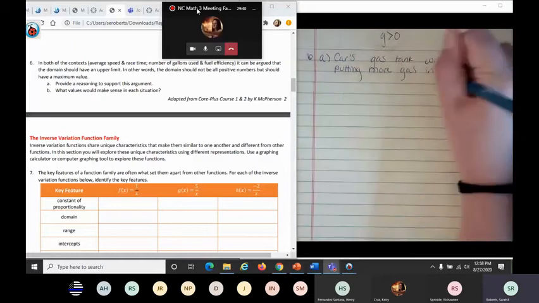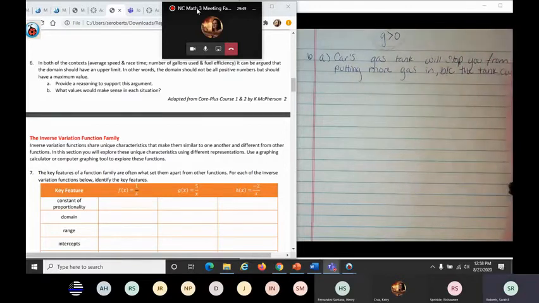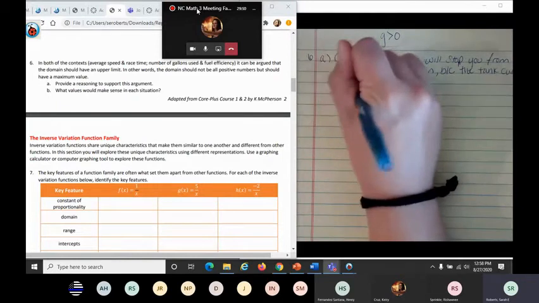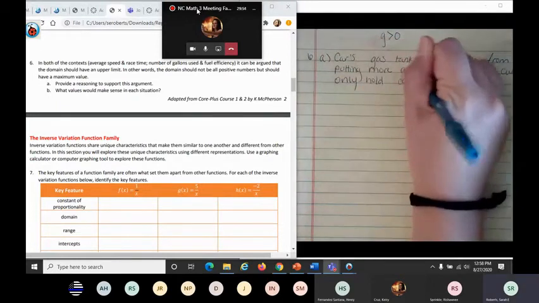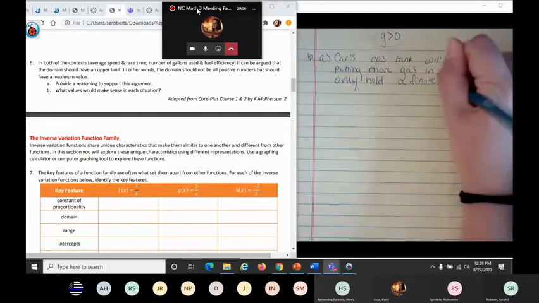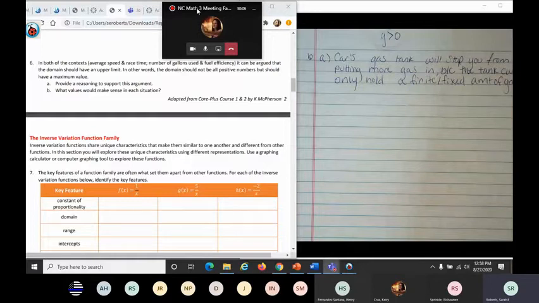And I'm going to add to this, Katie, because the tank can only hold a finite or fixed amount of gas. Okay, and then part B says what values would make sense in each situation.